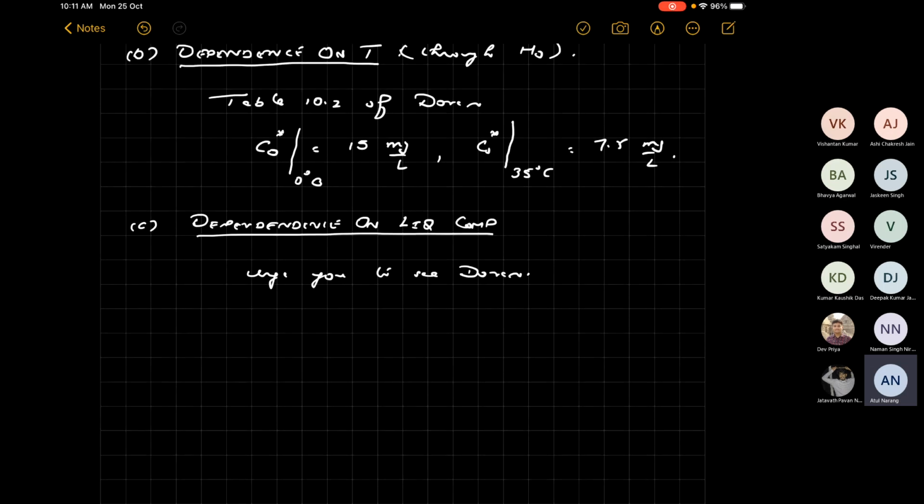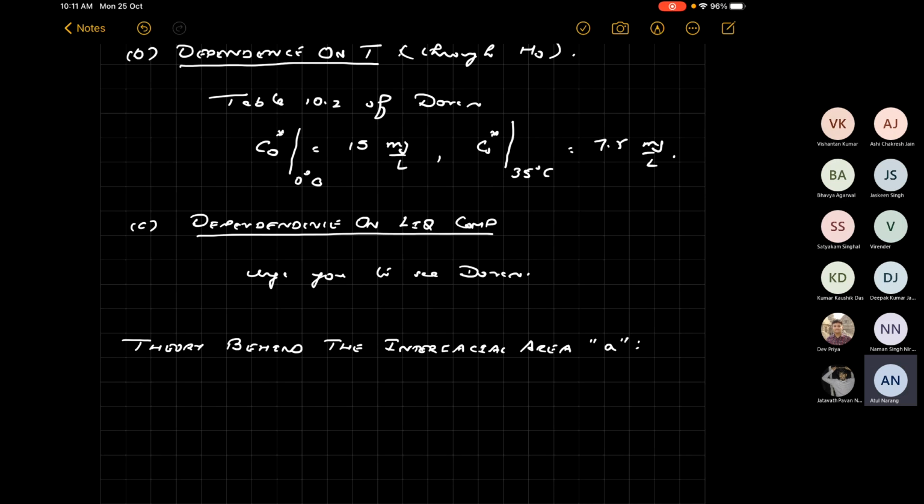Now I want to spend a few minutes explaining the theory behind this quantity, the interfacial area quantity, which we call A. So this is the interfacial area.